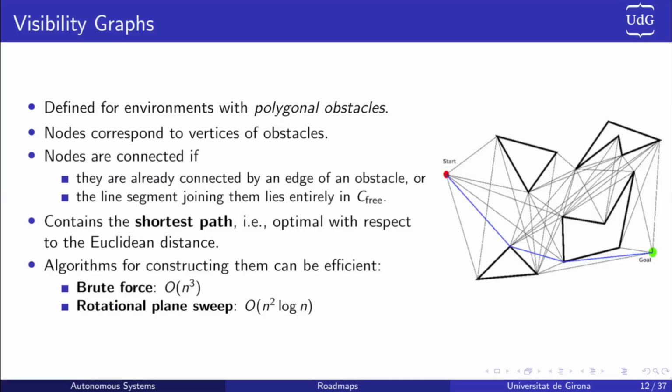But at some point, we need to know the start and goal. Then what we will do is connect the nodes. Basically, all the vertices in our map, plus the starting and the goal position, will be included as vertices in our graph.